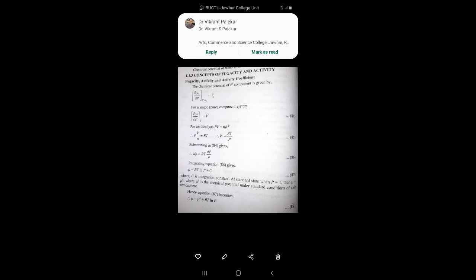So equation 87 can be written as mu is equal to mu 0 plus RT ln P. You got this point? Then the integration constant can be removed. Now equation 88 is mu is equal to mu 0 plus RT ln P.